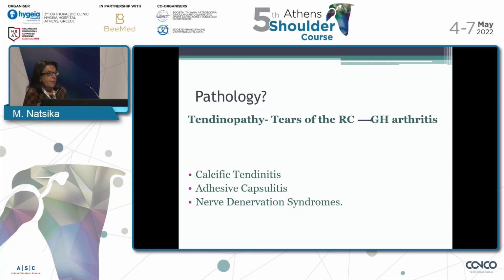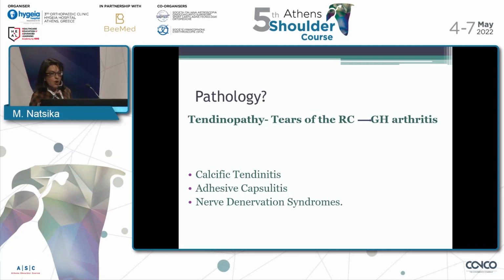So, we try to start from the beginning of the spectrum of the pathology of the rotator cuff, from tendinitis and tendinopathy till the end stage problems that we have with the glenohumeral arthrosis.